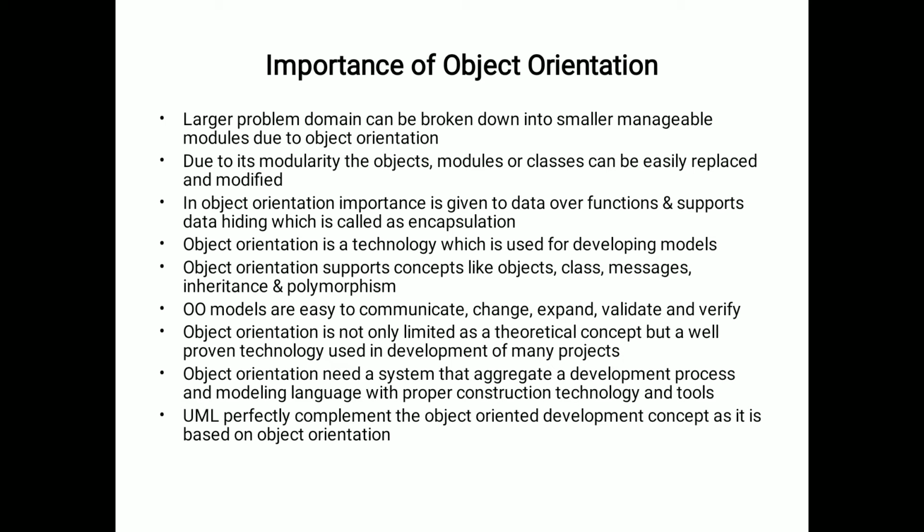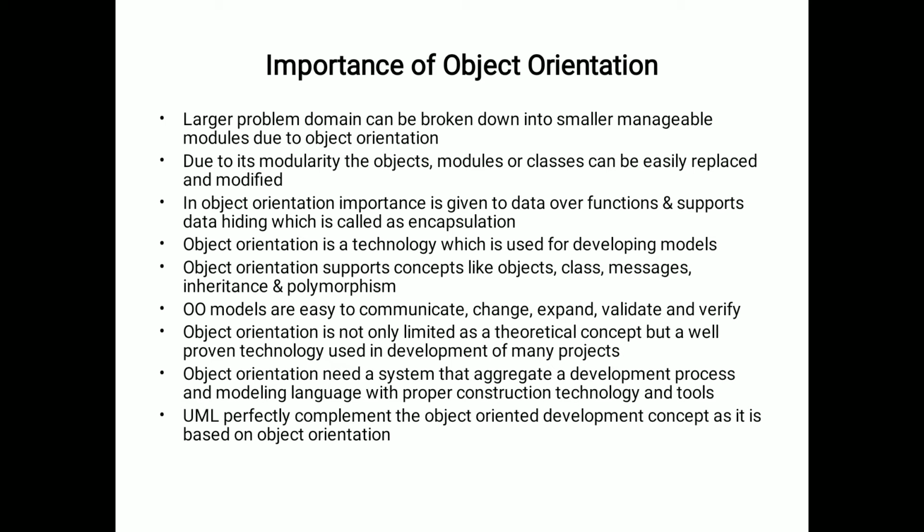Now, object oriented technology is used for developing models. It supports concepts like objects, class, messages, inheritance, and polymorphism. Object-oriented models are easy to communicate, change, expand, validate, and verify.